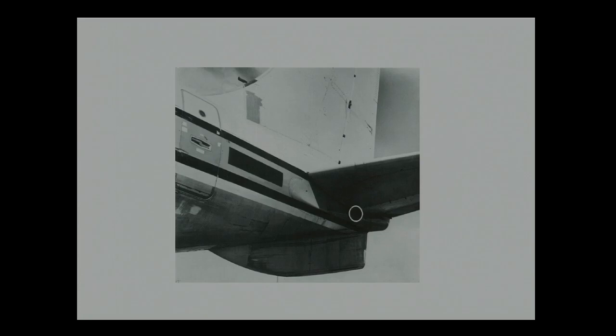Then the black box recorder recorded a big noise, and people down below saw some big part fall off from that airplane. The airplane crashed, killing all 6 people on board. So then they had an investigation, obviously, to try to figure out why this happened.